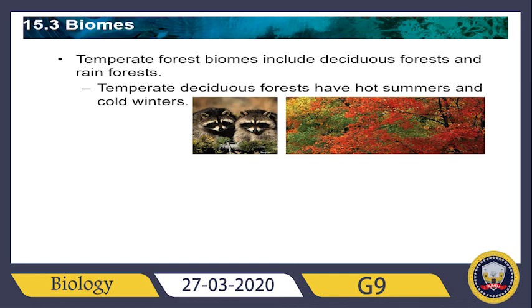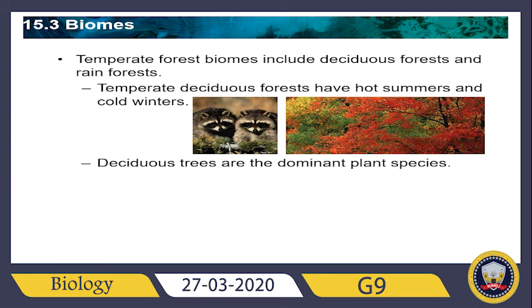Let's take a look at these deciduous trees. So, the temperate deciduous forests have hot summers and cold winters again. These are the guys, think about the major forests. These trees are classified as deciduous trees, okay, deciduous forests.